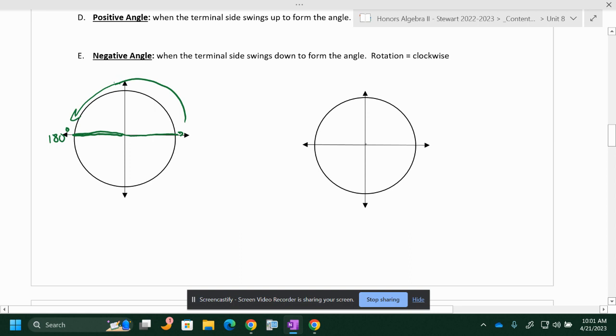However, if I go from the initial side and swing the opposite way, which is clockwise, then I moved a negative 180 degrees. Or if you're looking at it in radians, you swung pi or negative pi, depending on the outcome. And again, if you're not familiar with those, you have those conversions that you can use.